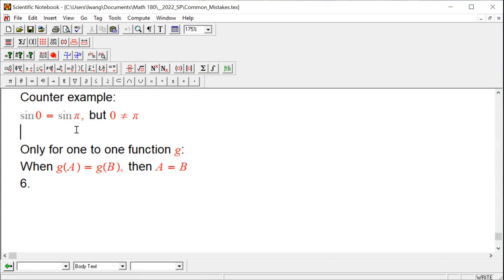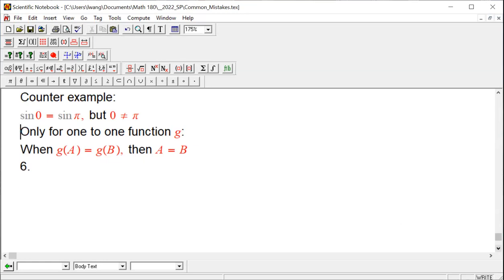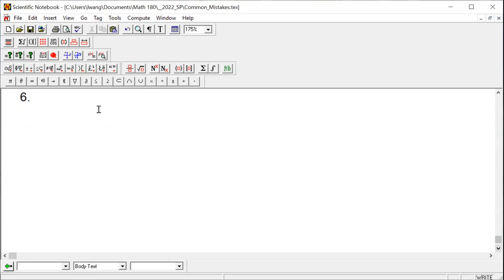And this is the mistake I saw. Say, in the question of solve for A or X, right?